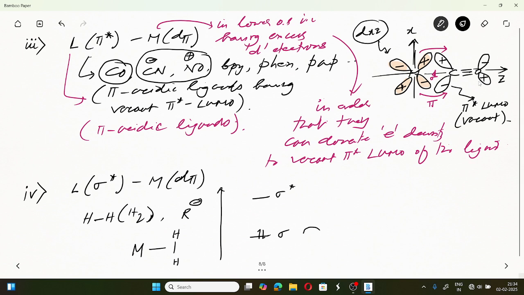So here is the sigma molecular orbital, with the same phase of hydrogen, and this is sigma star. You already know the shapes of these orbitals.